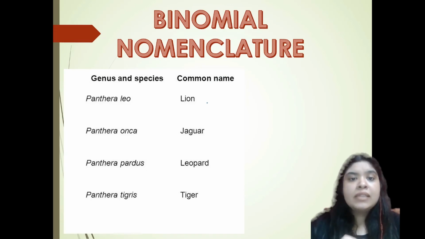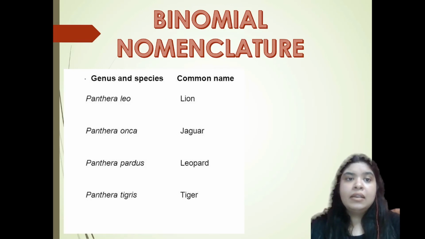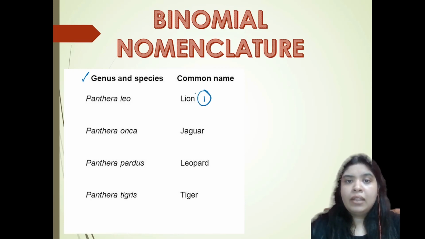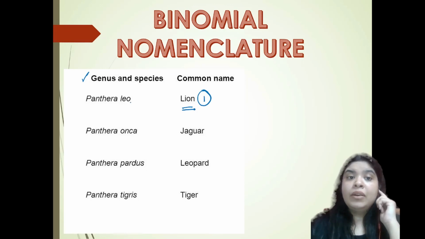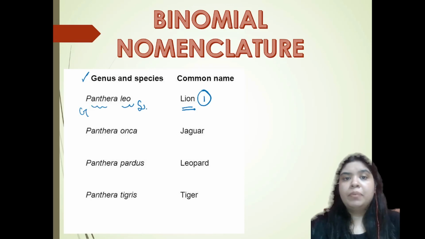Now, there are some examples which I have taken for some common organisms. Common names are written along with their genus and species binomial nomenclature. For example, the first one is lion. The common name is lion, but the binomial nomenclature is Panthera leo. So Panthera represents the genus and leo represents the species of lion.